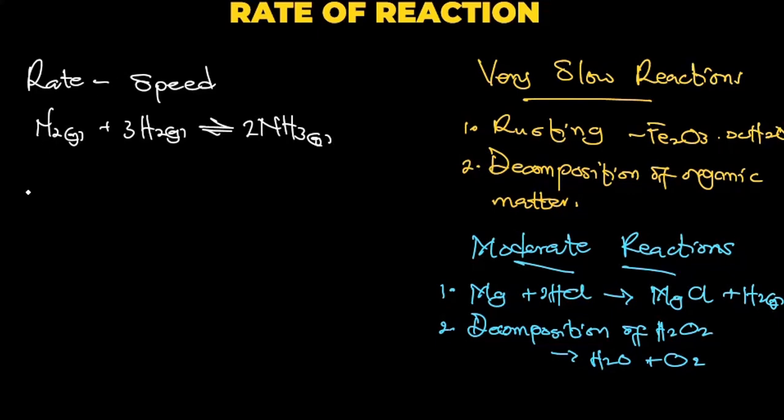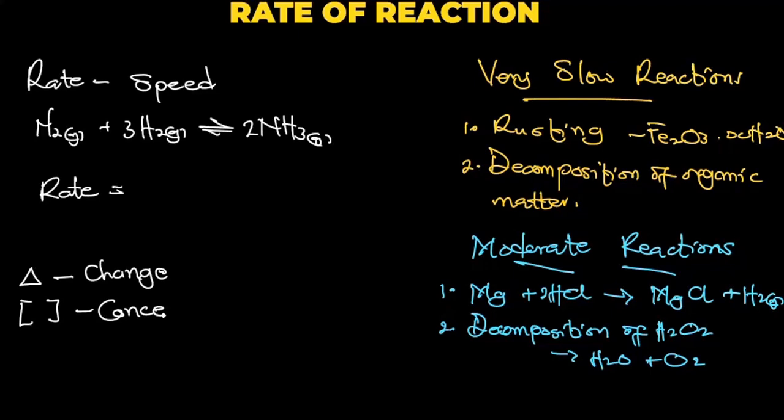There's a mathematical expression for rates. For rates, we'll be looking at the change in concentration. Now we use delta to represent change, and remember, we use a square bracket to represent concentration.